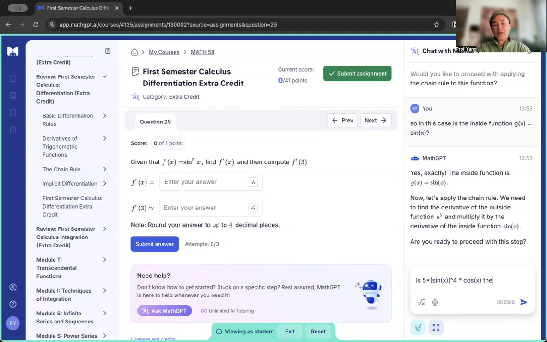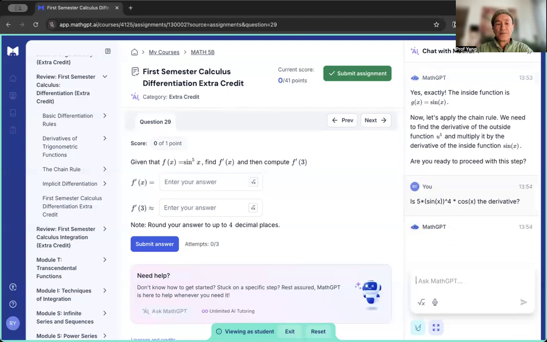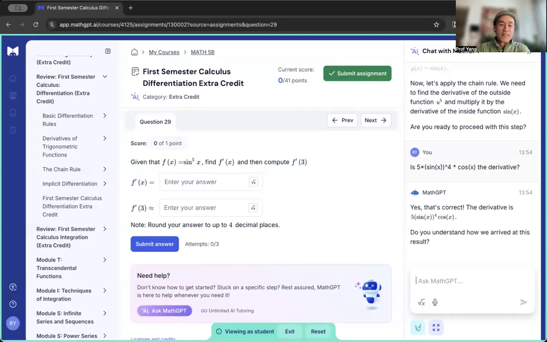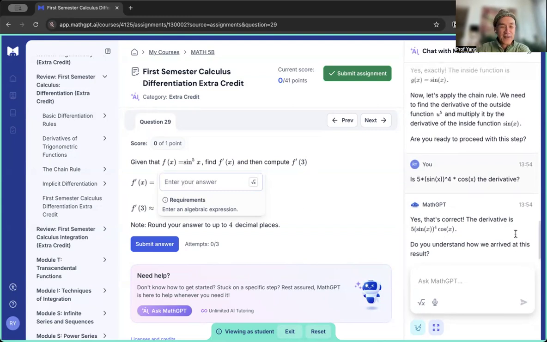Or the derivative. And then it says yes, and even if you weren't sure how you got the results, you could ask it to explain. But the nice thing about this is then you could enter in your expression over here, and you'll know that you already got it correct.